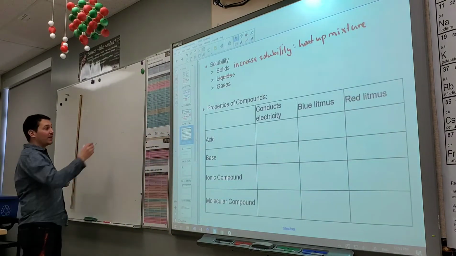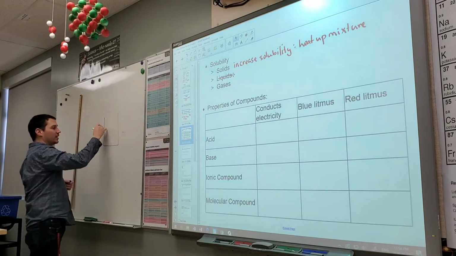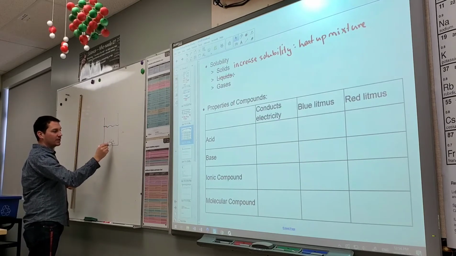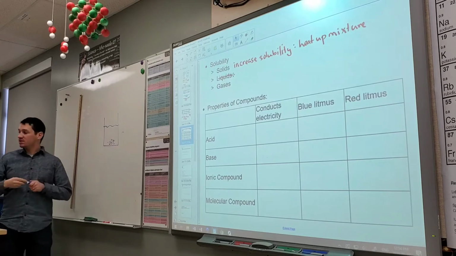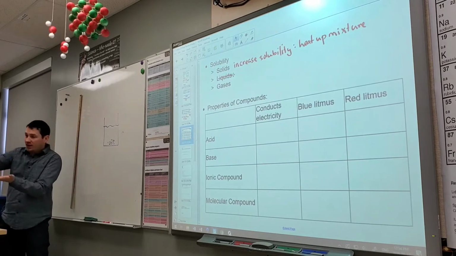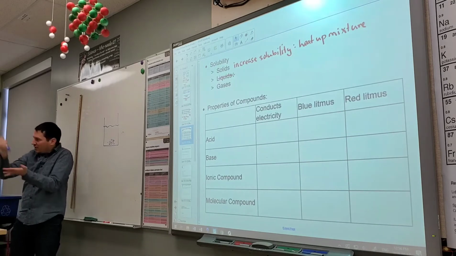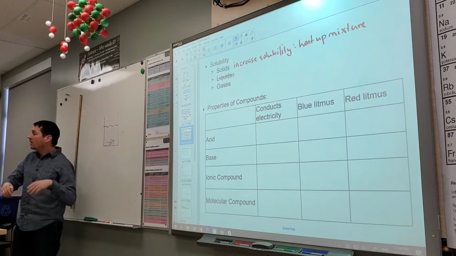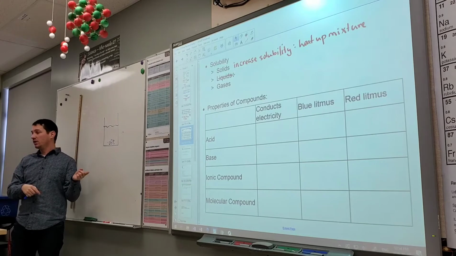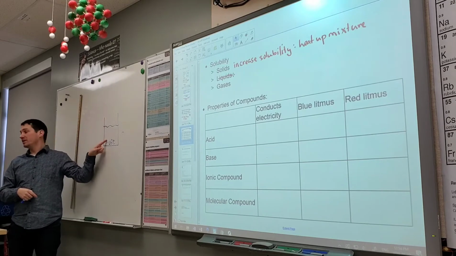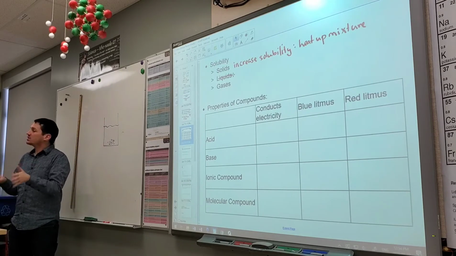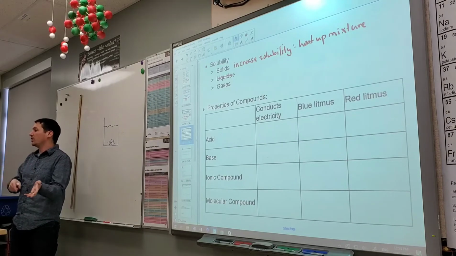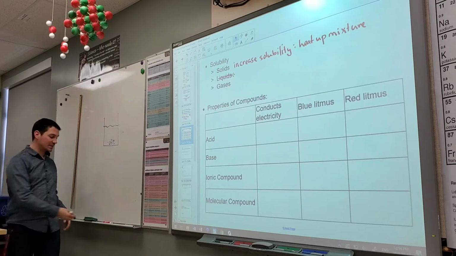So what we mean by that is, if you had a liquid and you had a bunch of solutes down here, and it wasn't dissolving, no matter how much you stirred it up, no matter how much you mashed it up and tried to get it into smaller bits and pieces, it will not dissolve. There's 2 ways to get it dissolved. You could add more solvent, but you're not increasing the solubility. You're not increasing the quantity of solute dissolved per 100 milliliters. All you have to do is heat it up.